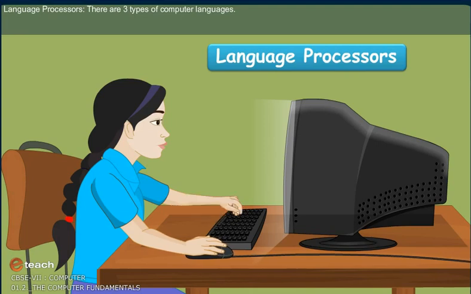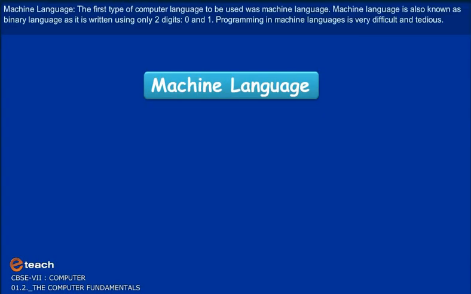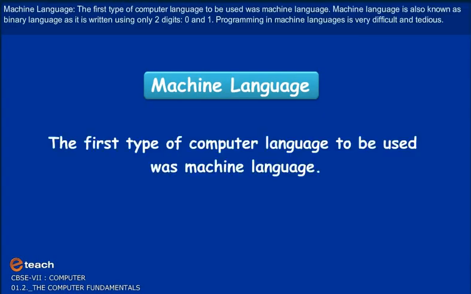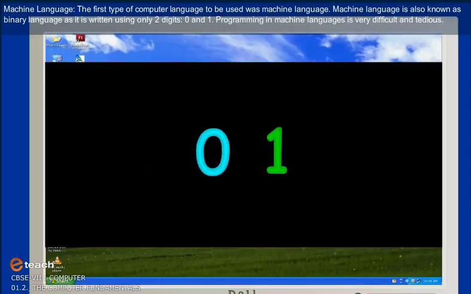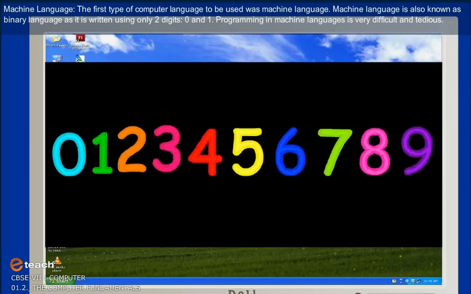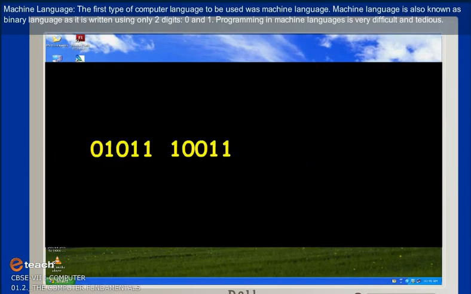There are three types of computer languages. Machine language. The first type of computer language to be used was machine language. Machine language is also known as binary language, as it is written using only two digits, 0 and 1. Programming in machine language is very difficult and tedious.